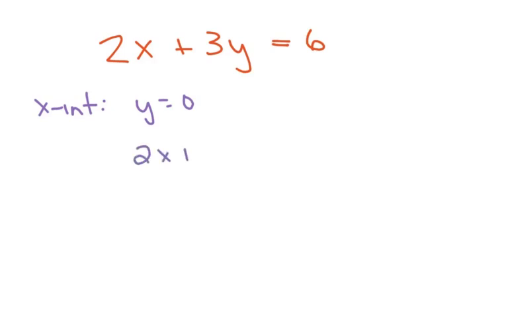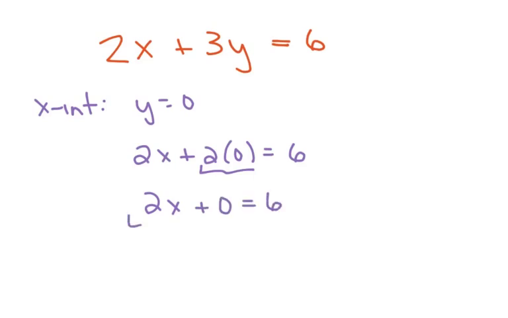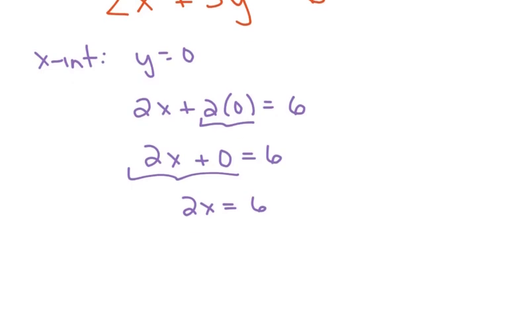So if you replace y with 0, you can algebraically find an x-intercept. 2 times 0 is 0. 2x plus 0 is just 2x, because if you add nothing to 2x, it doesn't change it. And then the last step in this problem, because this is 2 times x, the inverse operation is to divide. And we find out that x is 3. So 3, 0 would be the x-intercept.